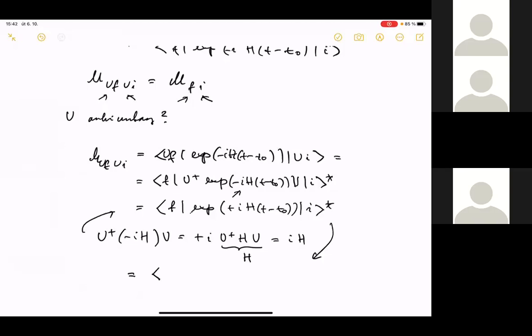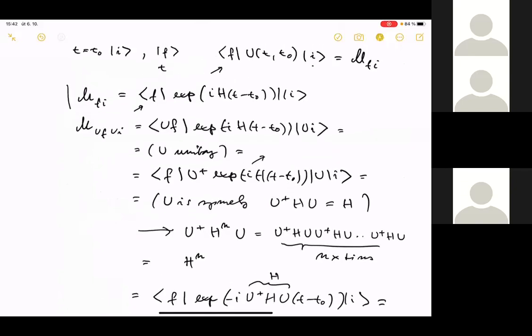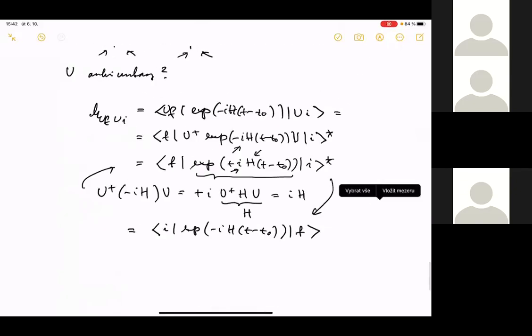That then means that we get I Hermitian conjugated of this. This Hermitian conjugation is simple because H is a Hermitian operator. The only change is this sign, because we have here the imaginary unit. So we get exponential of minus iH(t minus t0) F. And comparing this with the original amplitude, this one, we see that we have such a relation from the antiunitary operator.